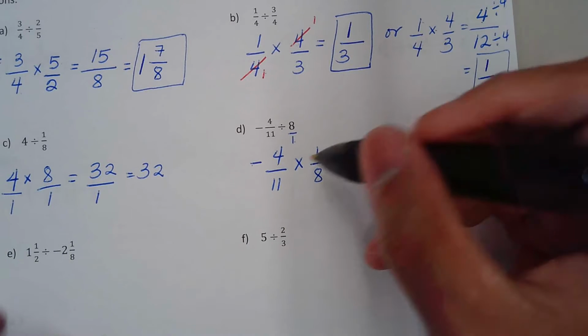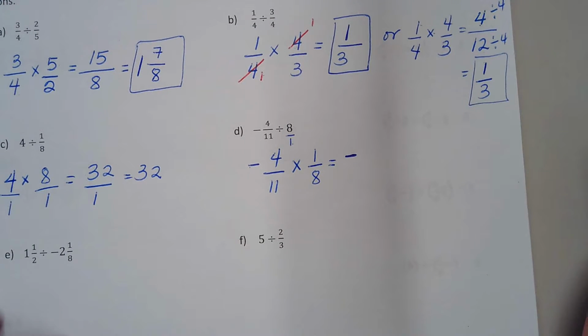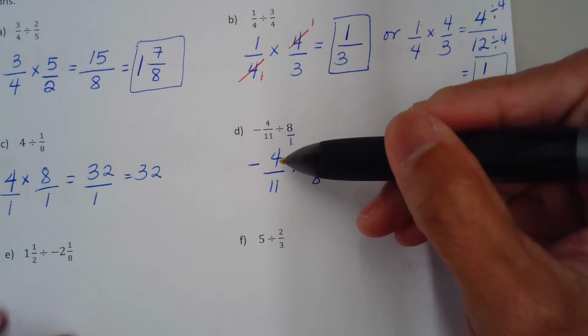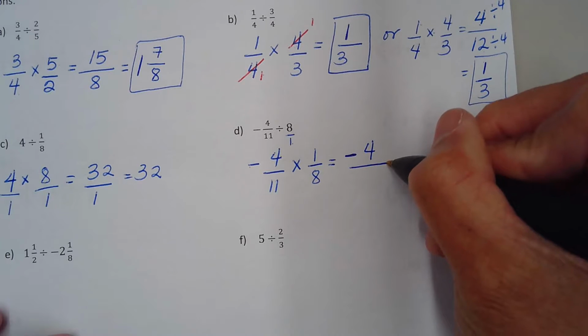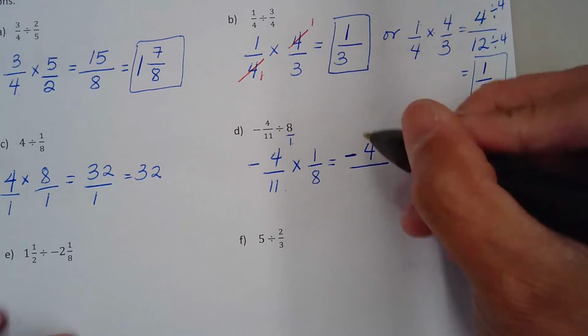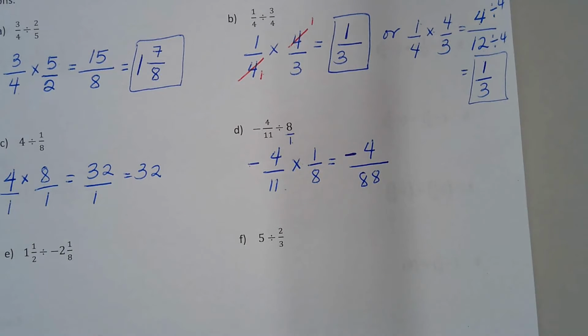Okay. Do you want to multiply in and then reduce later? You want to do that? Okay. So 4 times 1 is 4 over 11 times 8 is 88. And then we realize that, can I reduce this? Yeah. What can we do to reduce?